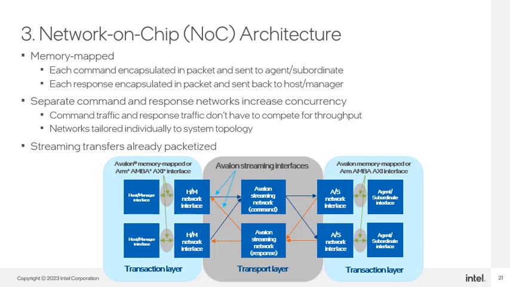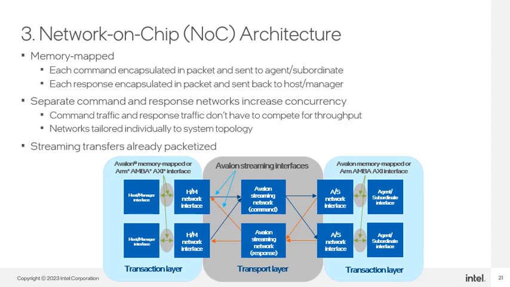For memory-mapped interfaces, read and write transfers are converted into the wide packet format just discussed and sent through the system on a command network from host or manager to agent or subordinate, where they are converted back into memory-mapped transfer requests. Avalon streaming interfaces are implemented in the transport layer of the architecture to simplify the packet transfer.